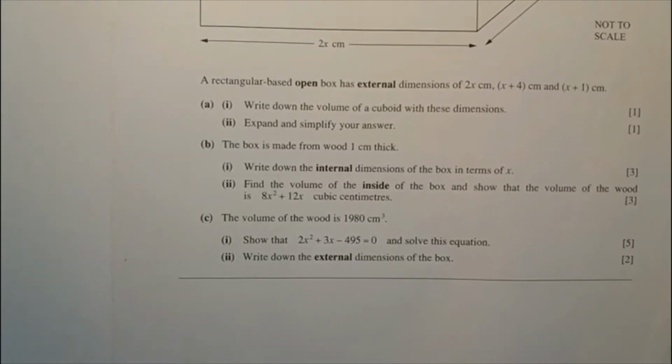In part C, it indicates here that the volume of the wood is 1980 cubic centimeters. Part I is asking to show that 2x squared add 3x minus 495 is equal to 0, and we need to solve this equation.